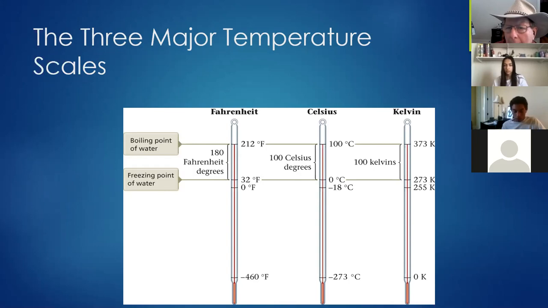Now, the difference in Celsius is the same as the difference in Kelvin. So if you have an equation in which you have to subtract one temperature from another, it doesn't matter whether you subtract the number in Celsius or Kelvin, because the amount of degrees is going to be the same.